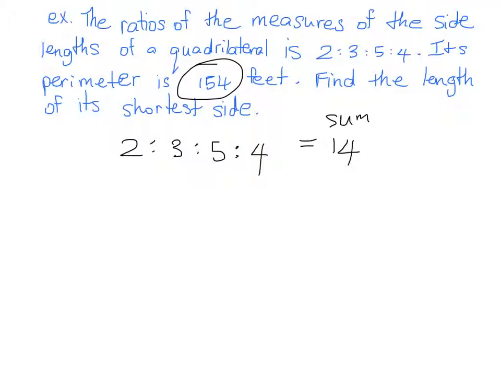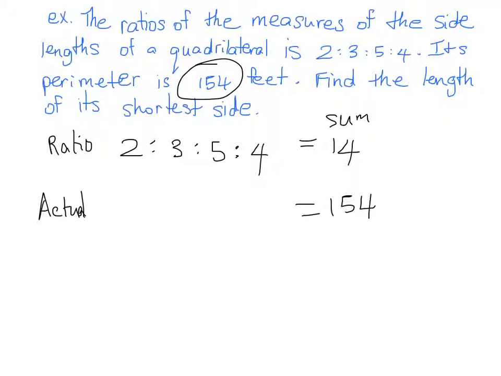So when you have a situation like this, we have a ratio, and our ratio has a sum. This is our ratio right here, and that's the sum of our ratio. We also have, but just don't know it yet, actual values and an actual sum, and our actual sum is 154.